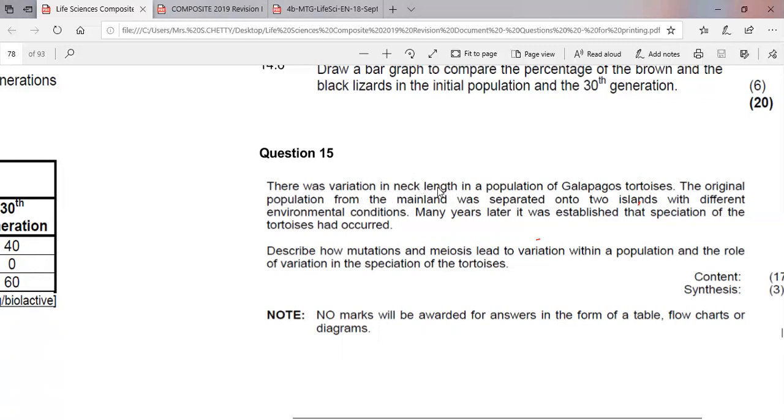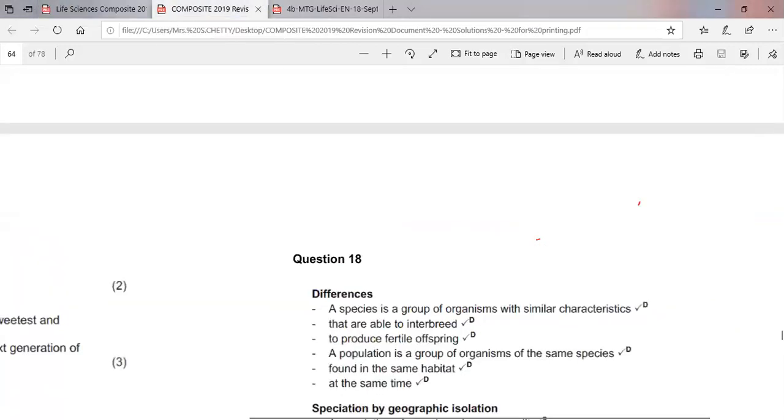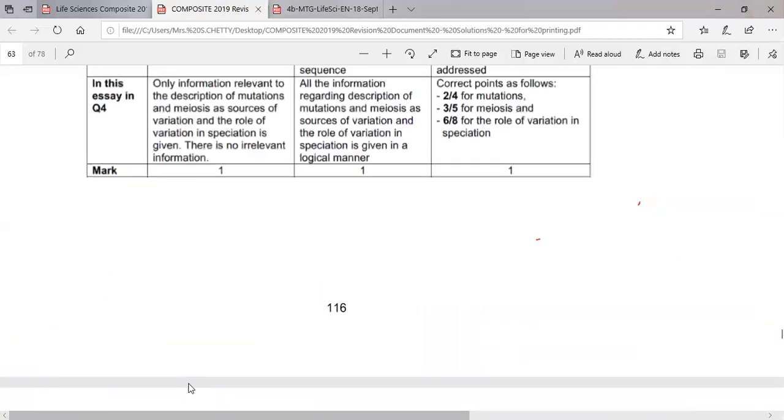Those with short necks would not be able to reach food that's higher up. Okay, but how does it play a role in speciation? So those with the longer necks will survive more. But let's see, I wouldn't even know which way to go. Let's see which way they went. You think about it before I show you the memo. So we looked at the role of meiosis and mutation in variation.